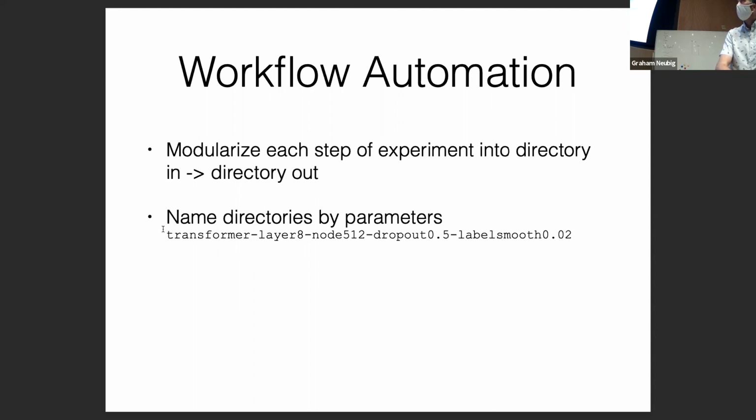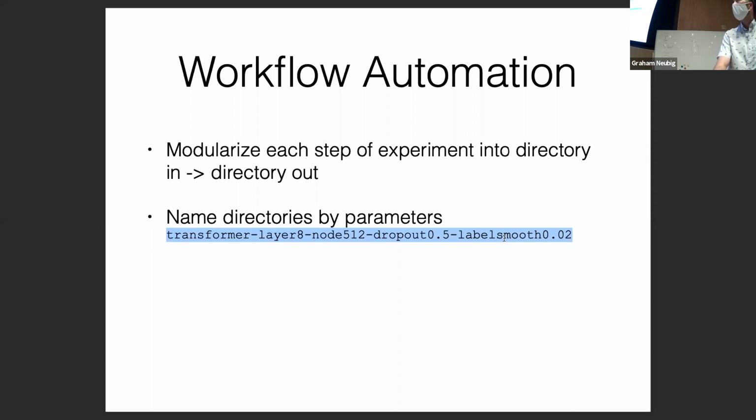You can name directories by parameters. So you could have your transformer layer 8 node 512 dropout 0.5 label smooth 0.02 directory. This would be your training directory, and then you can change whatever other things.